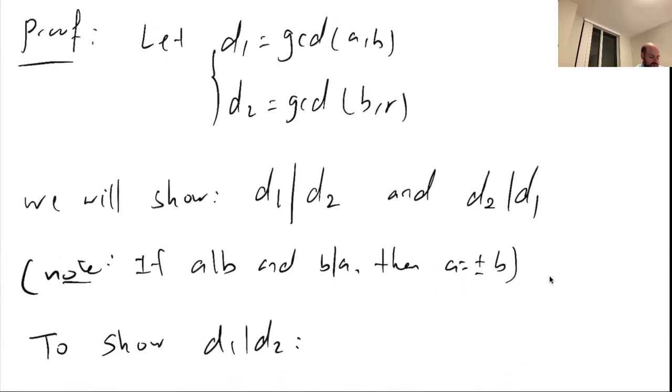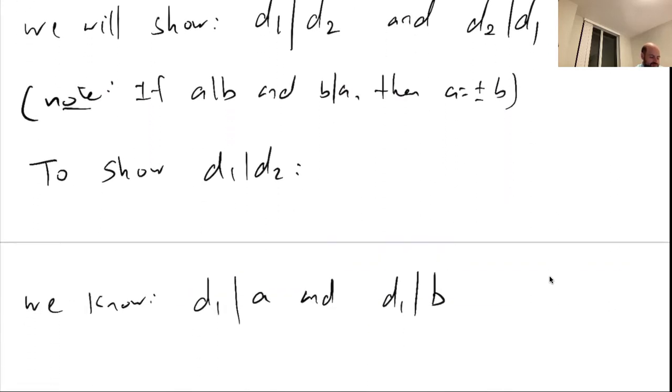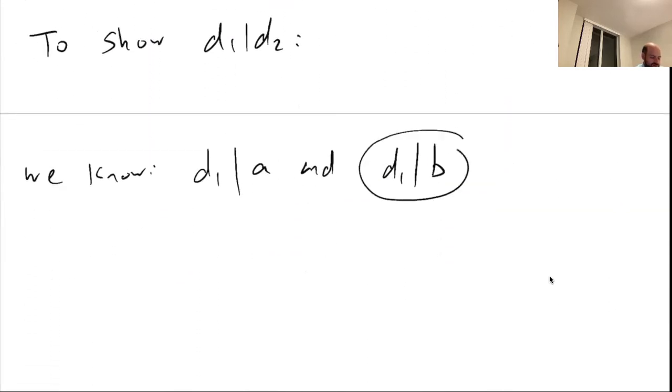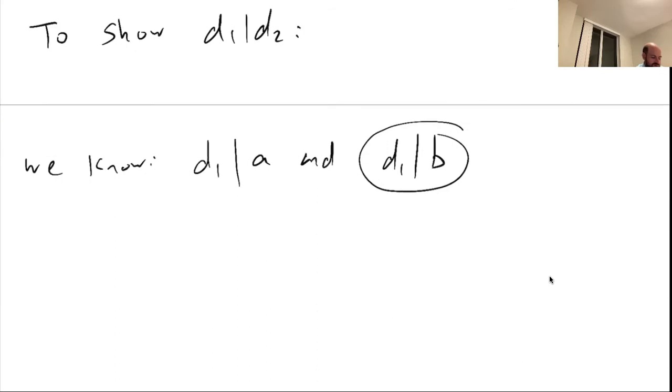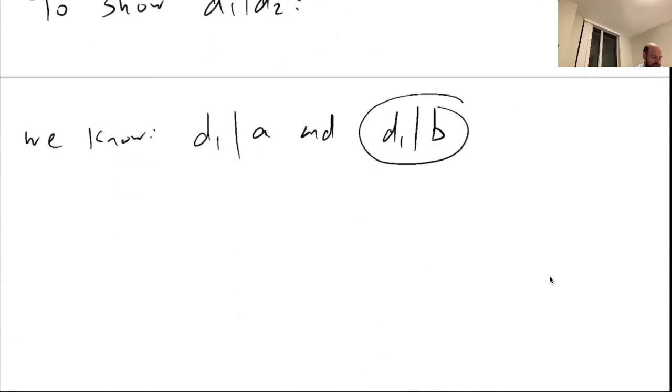Now, if I can show that D1 divides B and D1 divides R, what can I conclude? So let me see. D1 divides B, I already have it. Now, I want to show that D1 divides R. What was R? R is A minus BQ, right? So D1 divides A minus BQ.